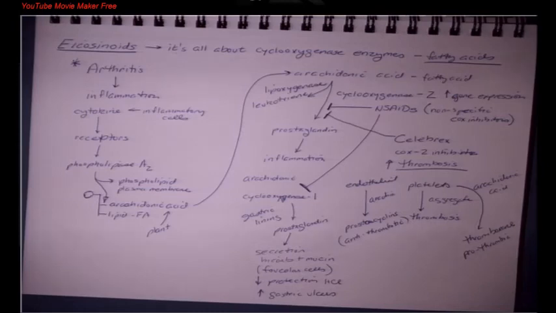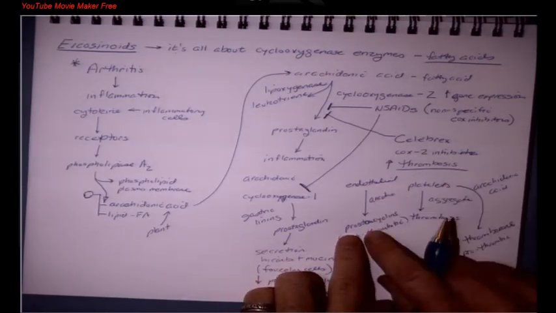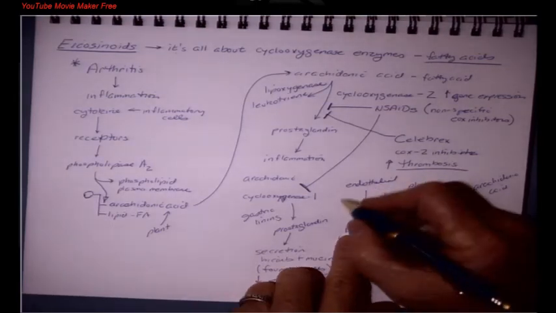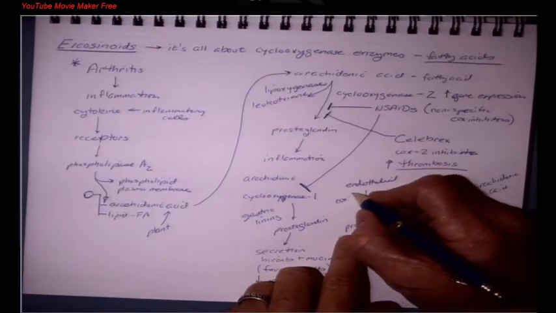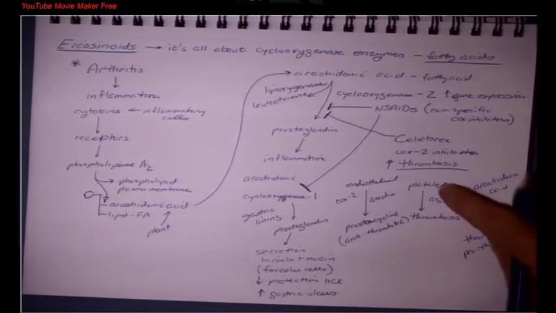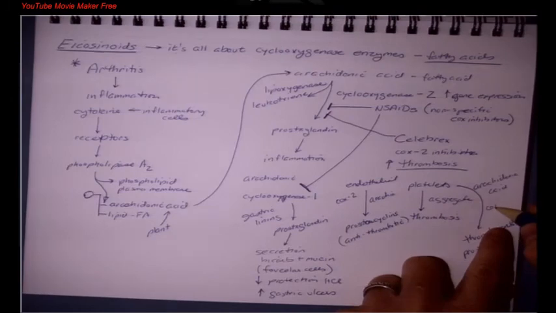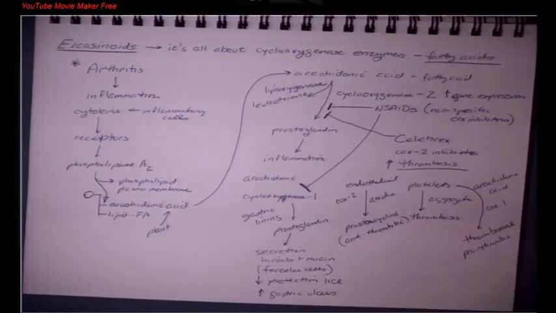Okay? Now, these prostacyclins in endothelial cells can be synthesized by COX-2 enzymes. The thromboxane in platelets is synthesized by a cyclooxygenase 1 enzyme.